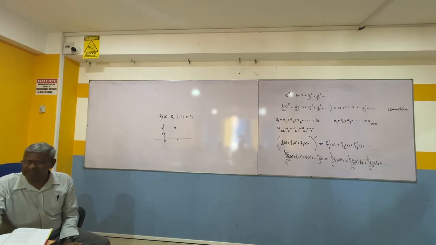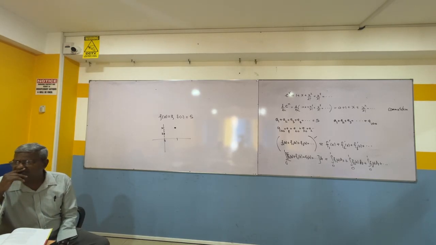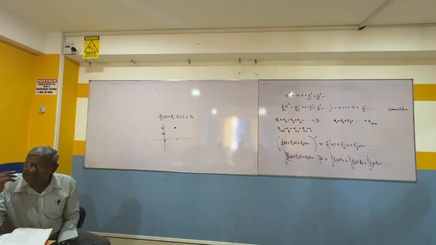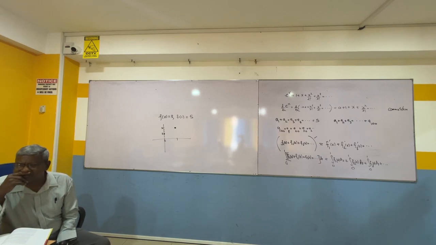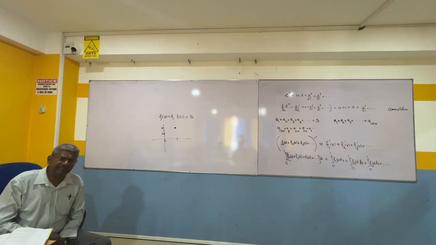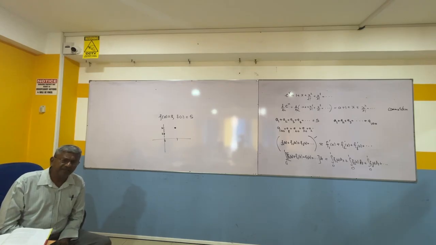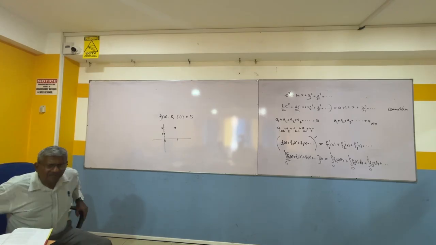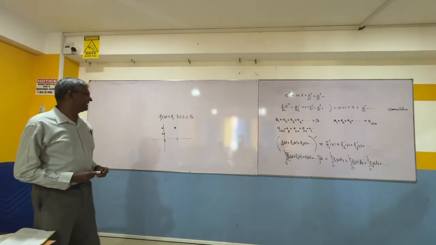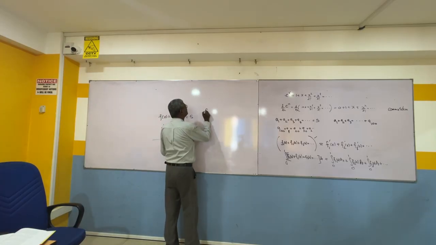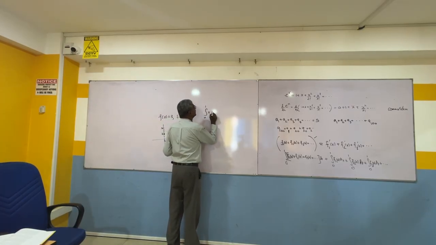I guess by the method of substitution. First substitute, then by parts. So 0 to 1, x sine x squared dx.